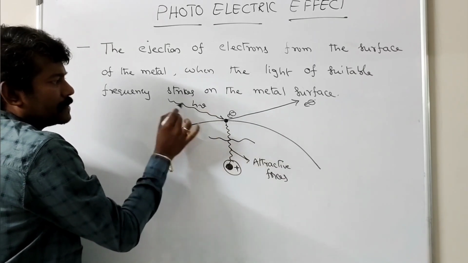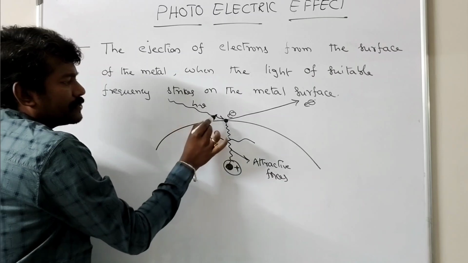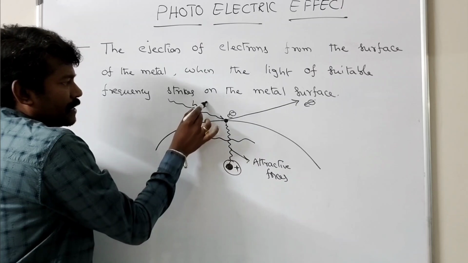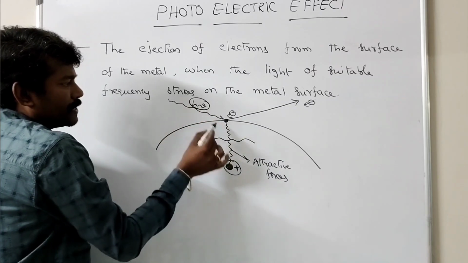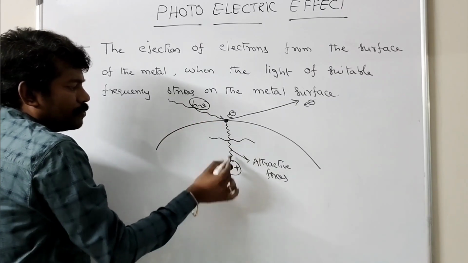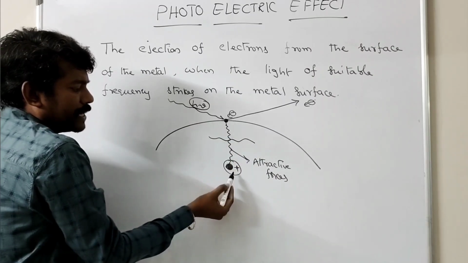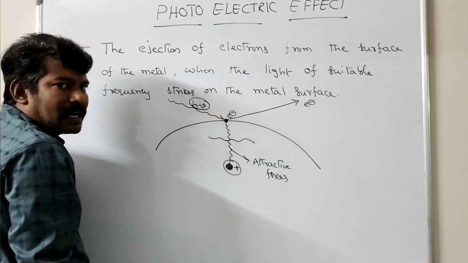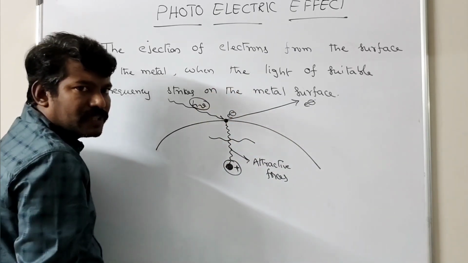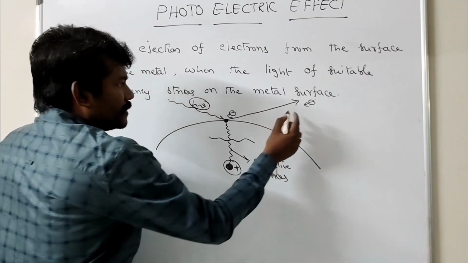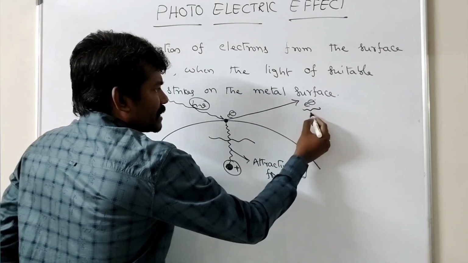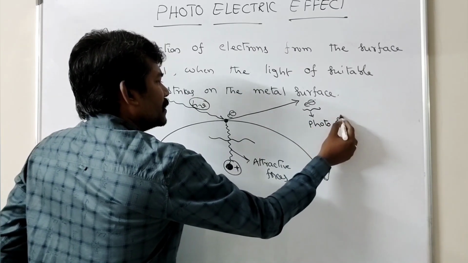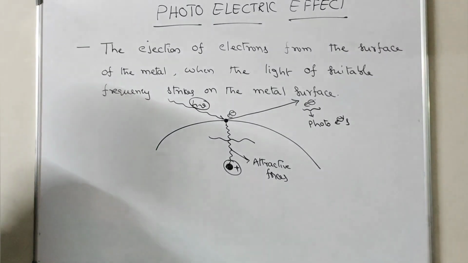Actually what happened here: when the light radiation strikes on the metal surface, a certain amount of energy of light radiation is utilized to break the attractive forces between nucleus and electron, and the remaining energy converts into the kinetic energy of the ejected electron. These ejected electrons are called photoelectrons.